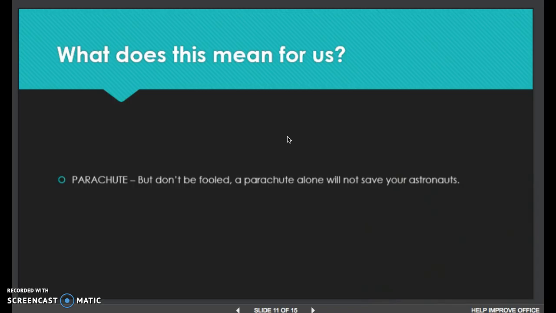But don't be fooled. A parachute on its own is not going to be enough to save this egg from cracking. Unless it's a very well designed, very large parachute, it's not going to stop the egg from breaking. You need more than that.